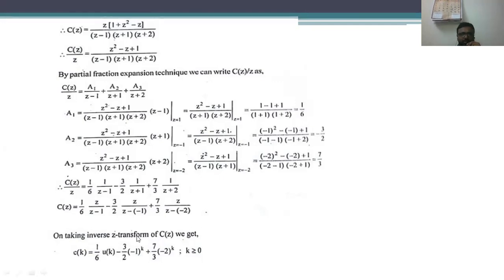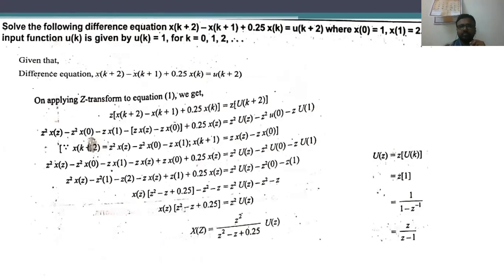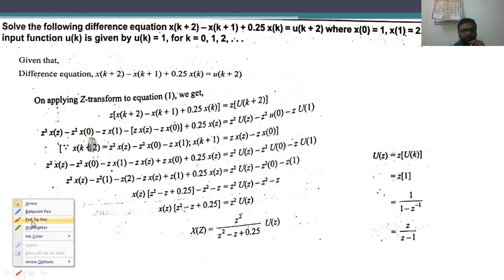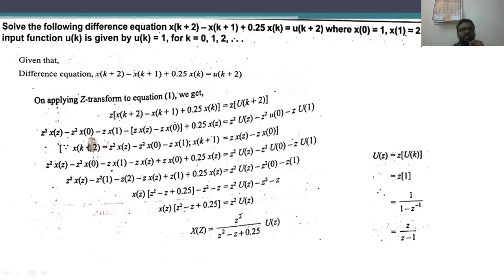Okay. So next, yeah, this is the function. See here, solve the following difference equation: x of k plus 2 minus x of k plus 1 plus 0.25 into x of k is equal to u of k plus 2, where x of 0 is equal to 1 and x of 1 is equal to 2.